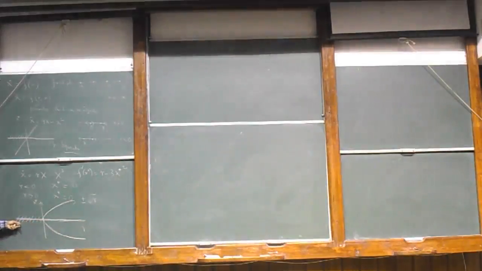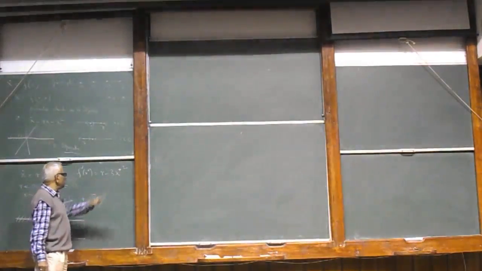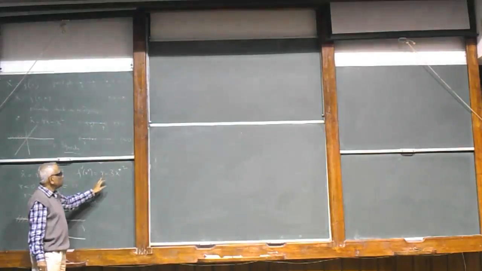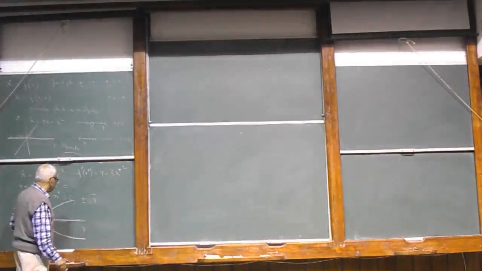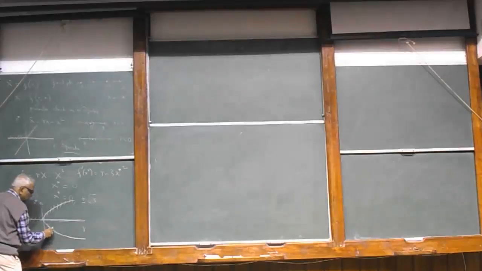So for r negative, it's a stable fixed point, so for r negative the origin is stable. For r positive the origin has become unstable, and x star equal to plus minus square root of r gives f prime equal to minus 2r, so for r positive these are stable fixed points. So this is stable, and this is also stable.